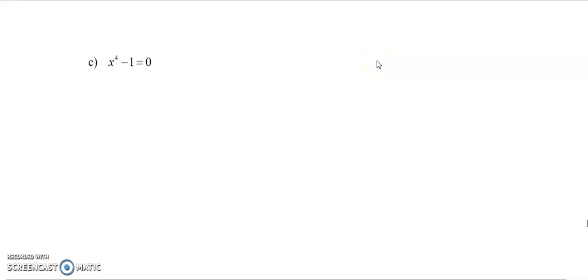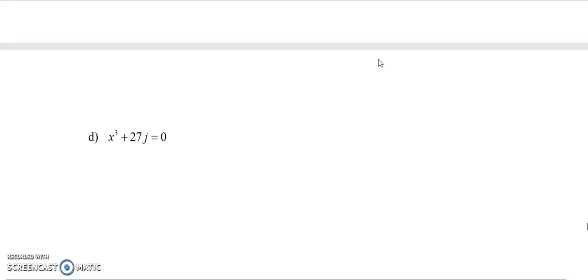Now, C is an equation. X to the power 4 subtract 1 equals 0. That, ladies and gentlemen, is going to have 4 solutions, because you're going to be calculating 4th roots for this example. On page 28, you have x to the power of 3 plus 27j is equal to 0. Again, you're going to have to get your x by itself. Cube roots are going to come into play here.